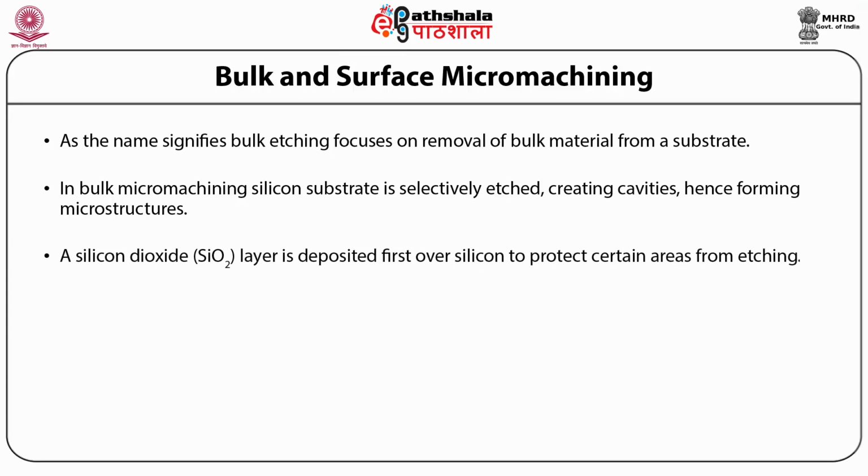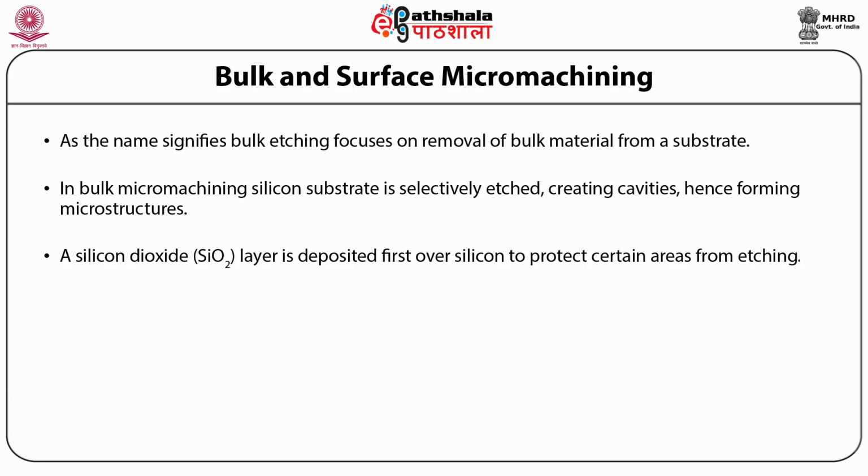A silicon dioxide, that is SiO2, layer is deposited first over silicon to protect certain areas from etching. This is done mostly by the thermal evaporation technique. Then windows are opened on this SiO2 layer to pave the path for etching, as shown in the figure.